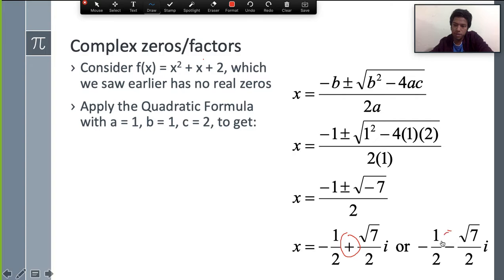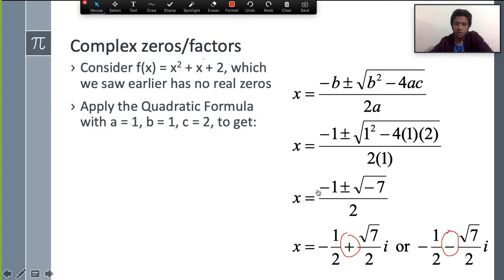One is positive, another one is negative. So if everything is the same and only the sign is different between them, then what is it called? It is called complex conjugate. This will tell you another theorem which is coming up.